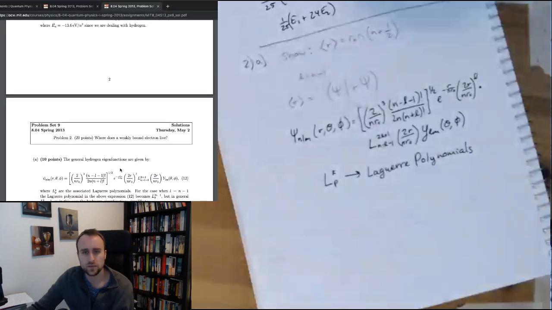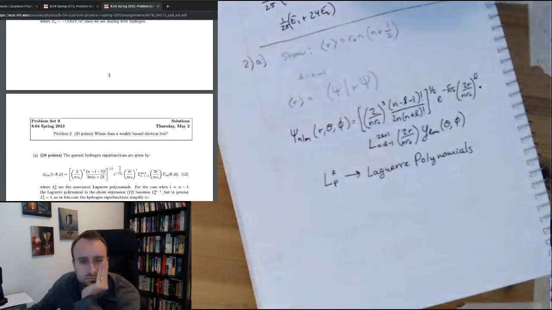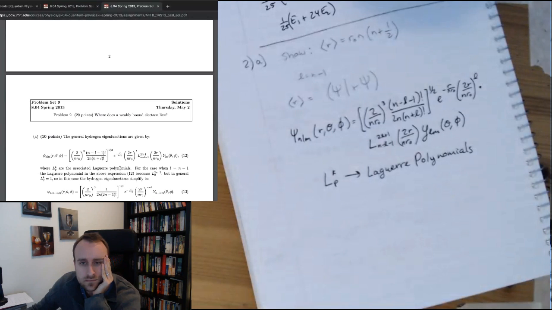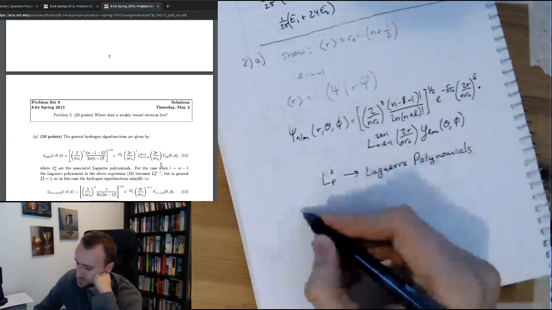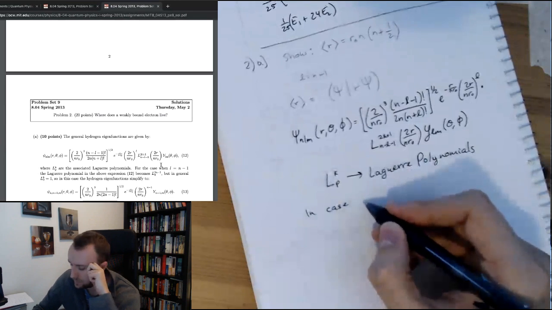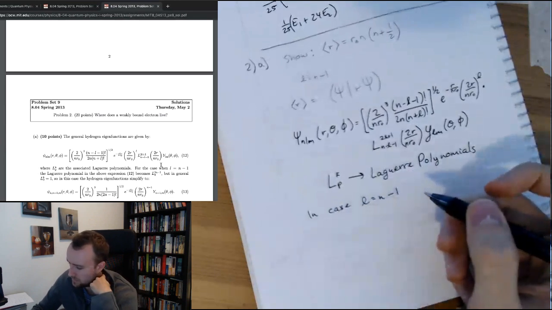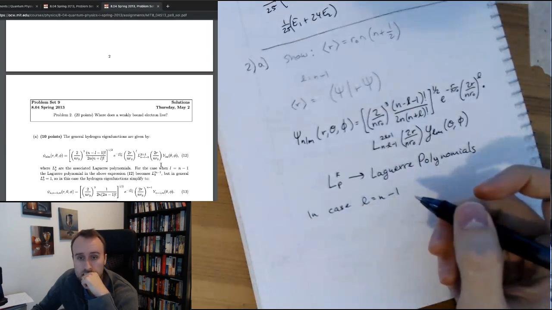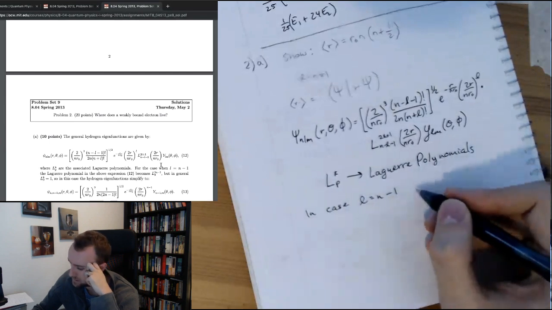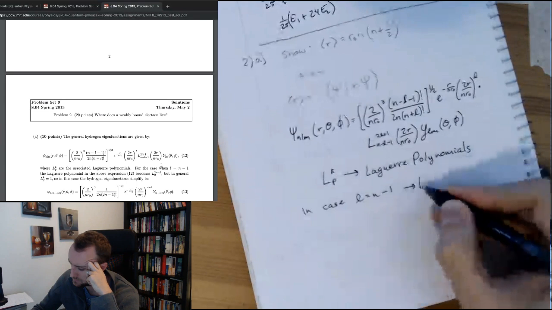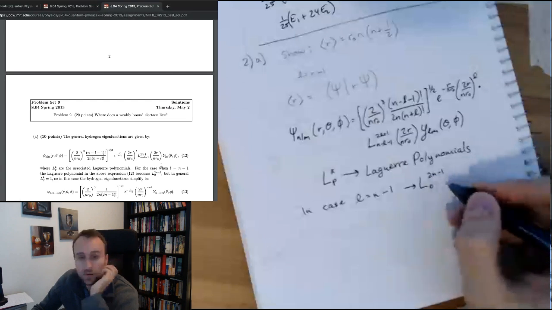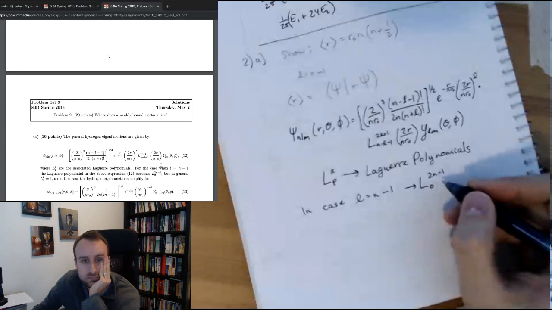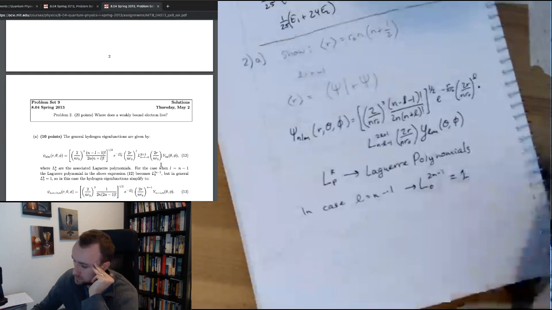The case where L is equal to n minus 1. Minus 1. This 1, 0 equals 1.